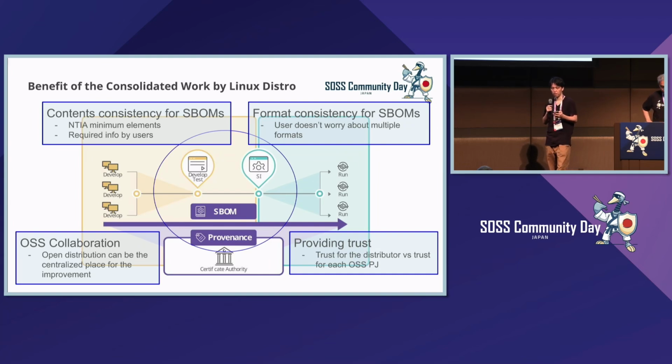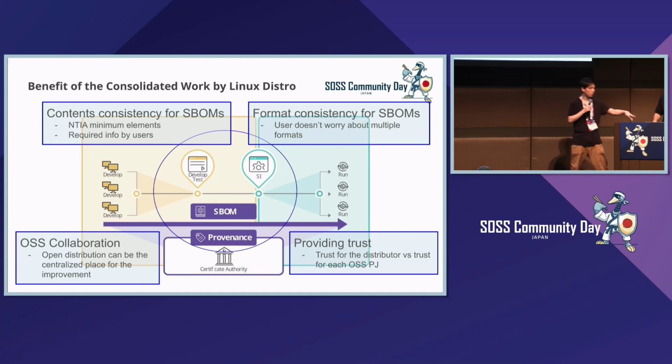Sometimes they give hashes, but for supplying the SBOM in the supply chain, the end user needs to check that the SBOM has not been crafted by someone, and that it is supplied from the original SBOM generator to the end users. So for doing that, providing trust is needed.